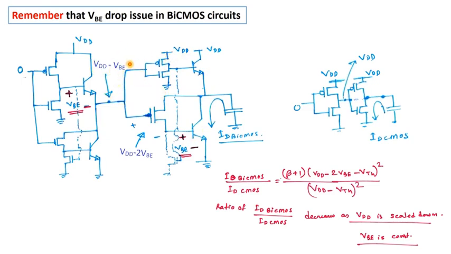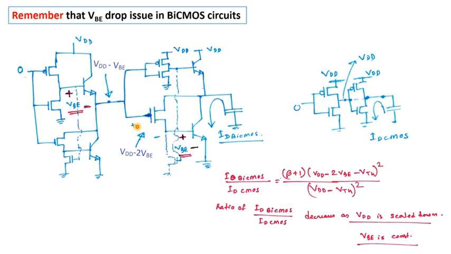You remember that the VBE voltage has to be dropped across this BJT to turn it on, right? So what is the actual voltage dropping across this NMOS? That is nothing but VDD minus 2VBE, right?